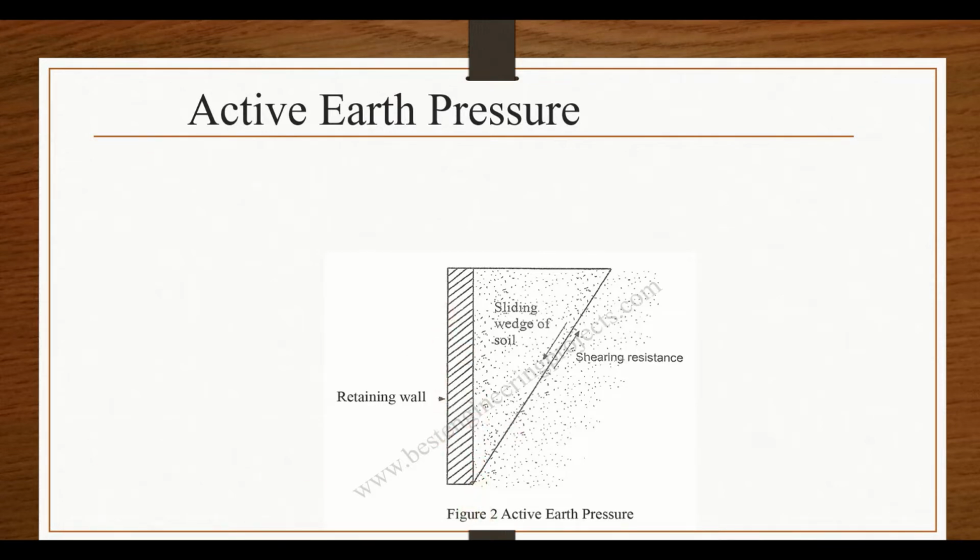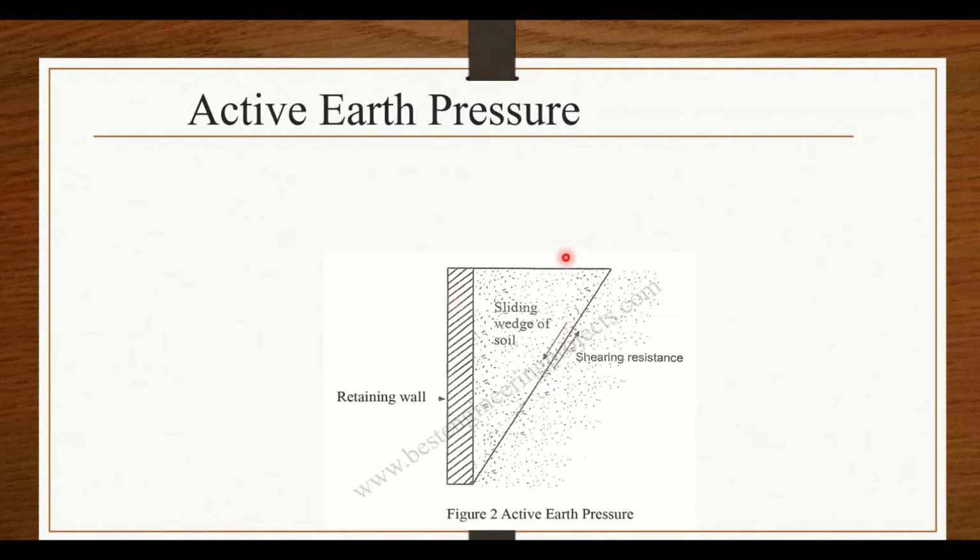And here at this interface between the sliding mass of soil and the remaining ground, shearing action happens. Here you can see the shearing resistance has developed in the upward direction, and the sliding happens towards the downward direction.